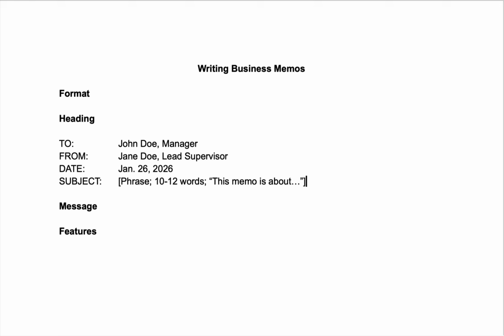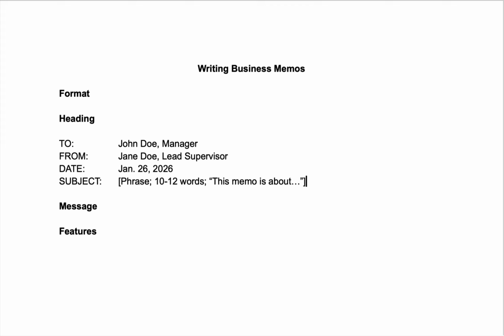So the idea is that the subject line will define what this memo is generally about, and then the message will expand upon it. This is a feature of the type of writing that we're pursuing in this course, moving from general to specific.